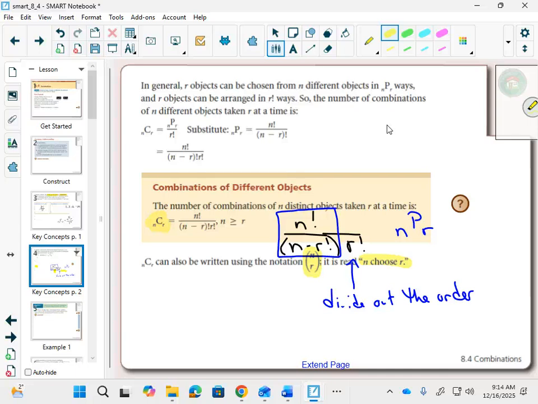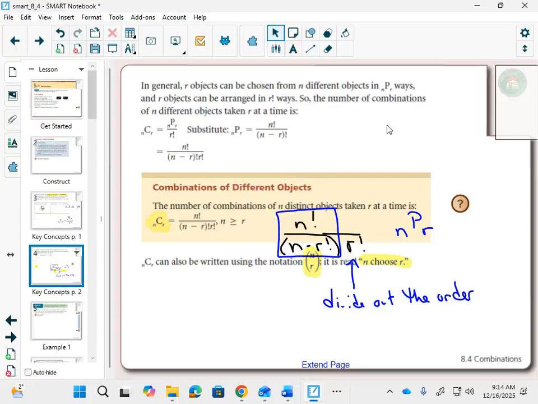I don't know what to say for the P, n pick r, or maybe placing, because then order matters, n place r. But the key thing that's different between a combination and a permutation is, does the order matter?